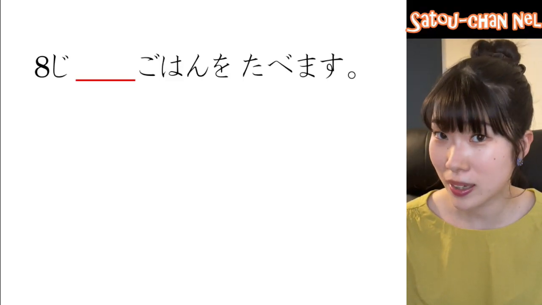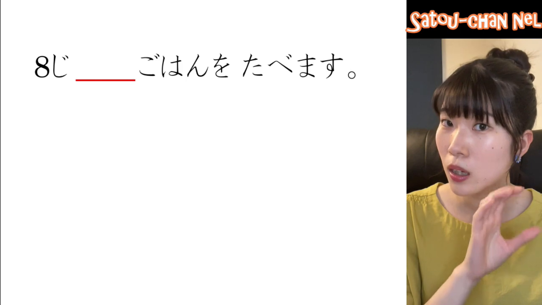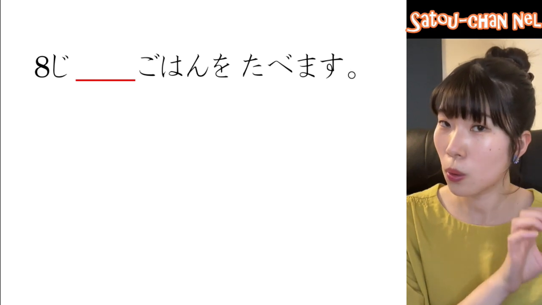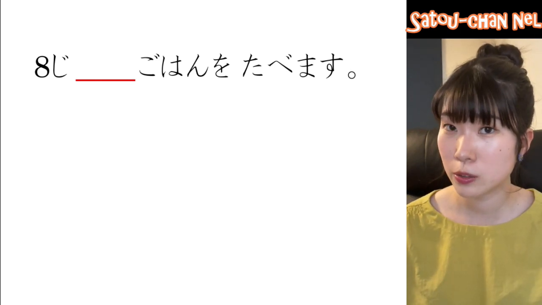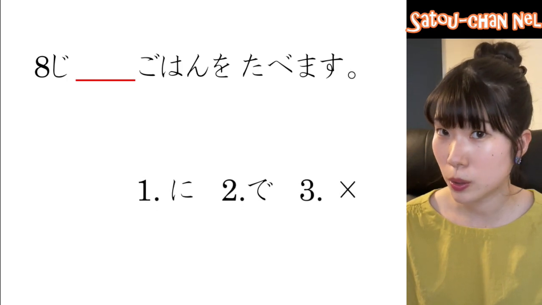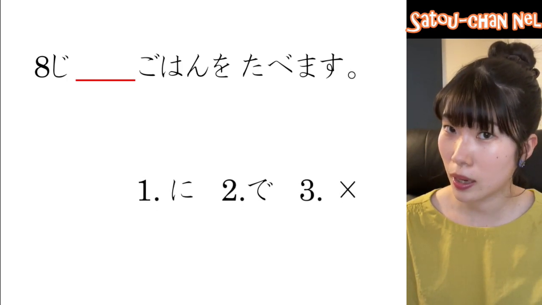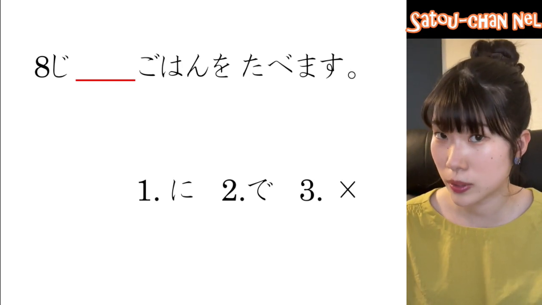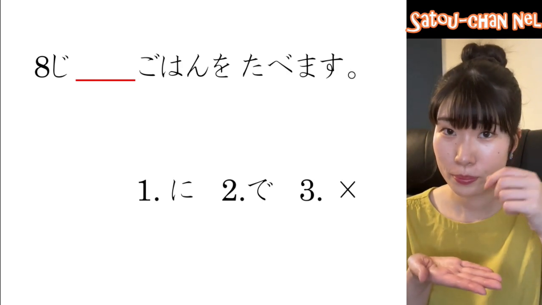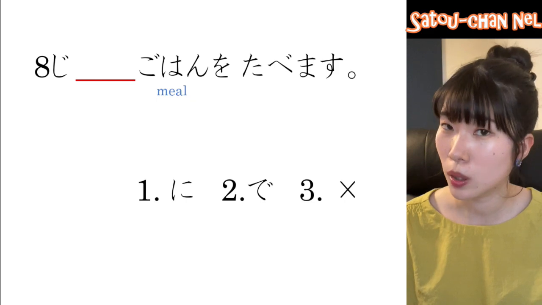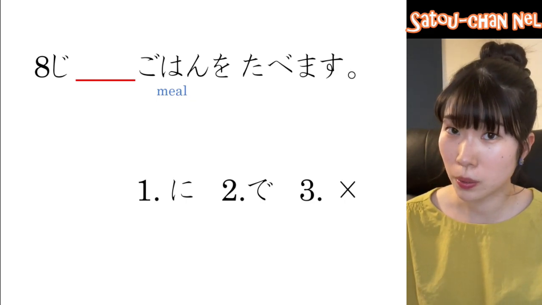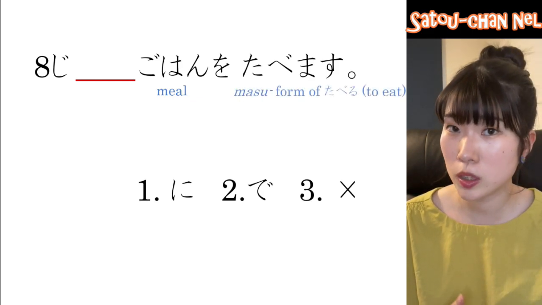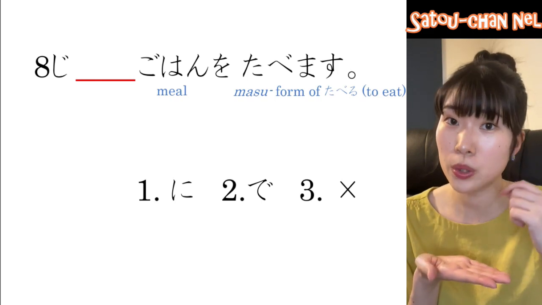Please fill in the blank. 8時 something ご飯を食べます. Please fill in the blank with particle に, で, or nothing. ご飯, what was it? ご飯 means meal. ご飯 and を is a particle which indicates the direct object, meal. 食べます is the masu form of the verb 食べる, to eat.